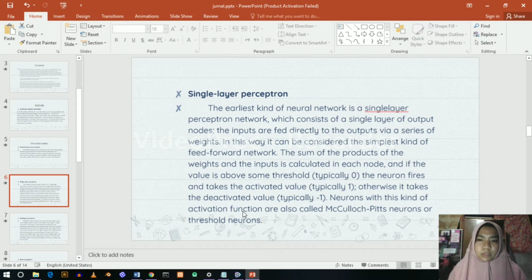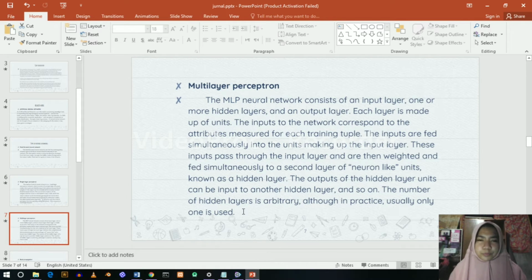The sum of the product of the weight and the input is calculated in each node, and if the value is above some threshold, typically zero, the neuron fires and takes the activated value, typically 1. Otherwise, it takes the deactivated value, typically zero. Neurons with this kind of activation function are also called McCulloch-Pitts neurons or threshold neurons.